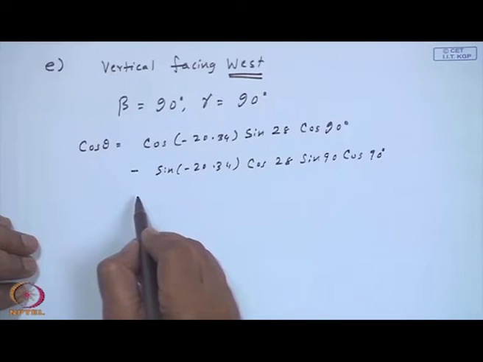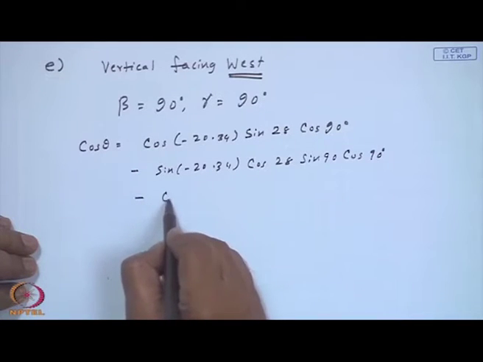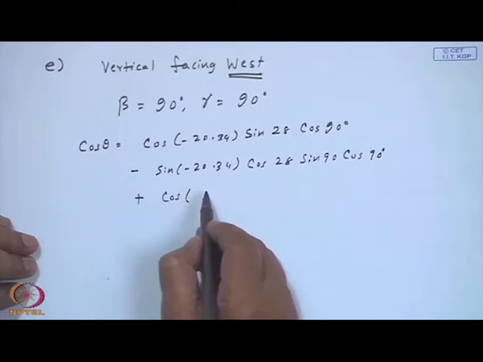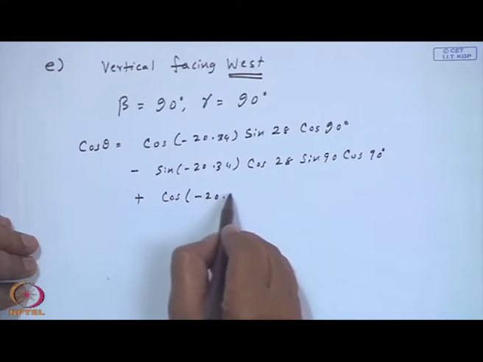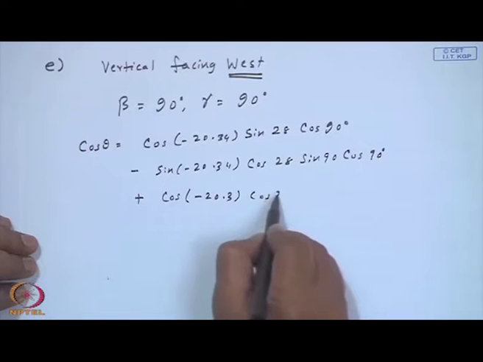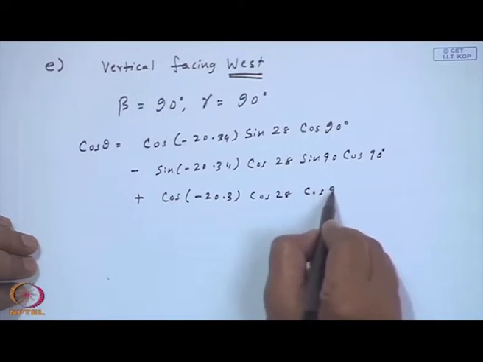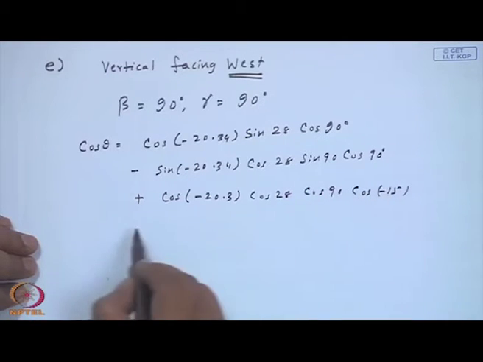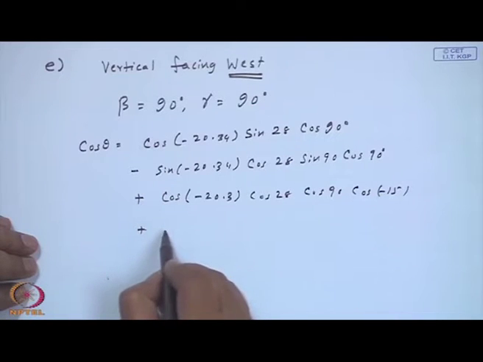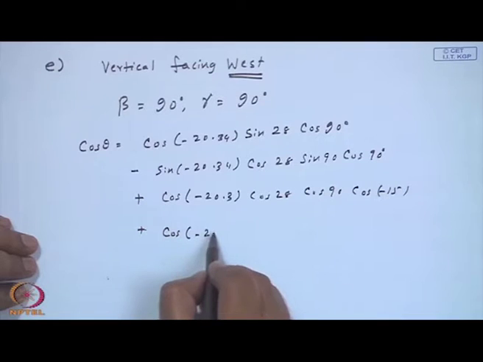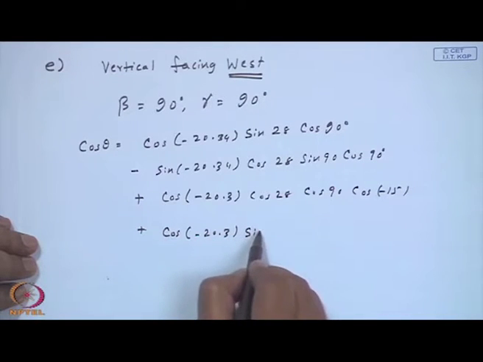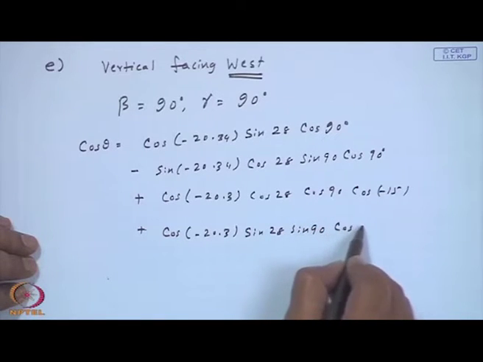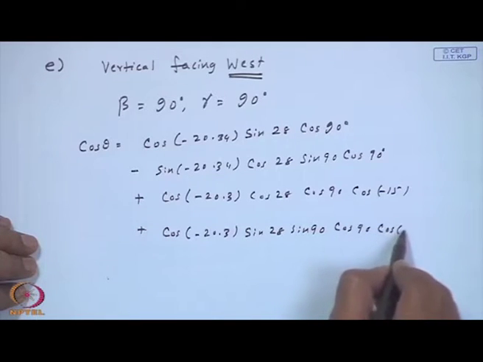You check up with your original equation, minus cos, probably this is plus, I think you can just check it up, cos minus 20.3 cos 28 cos 90 cos minus 15 plus cos minus 20.3 sin 28 sin 90 cos 90 cos minus 15.